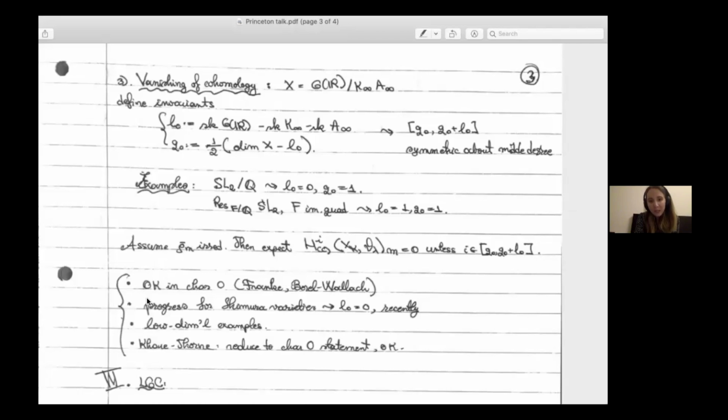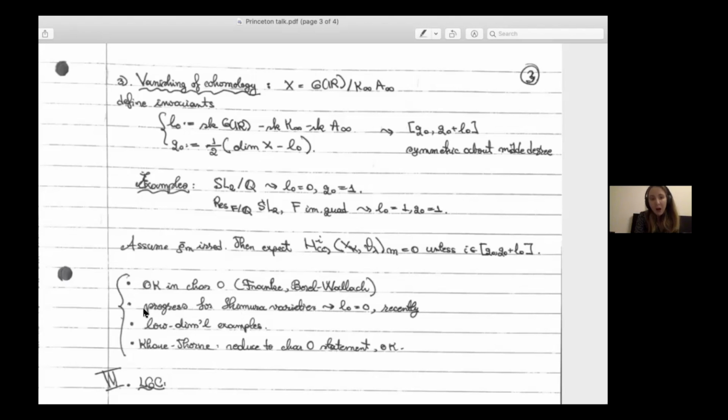There's also been some recent progress in the case of Shimura varieties, which is the case where l_0 is equal to 0. So very special case, but recently there's been quite a bit of progress on understanding this conjecture for Shimura varieties, but with integral coefficients, not just characteristic 0.